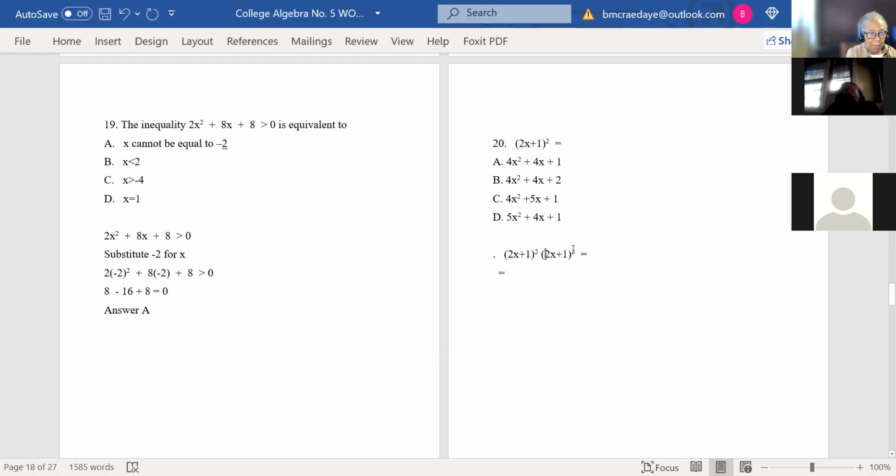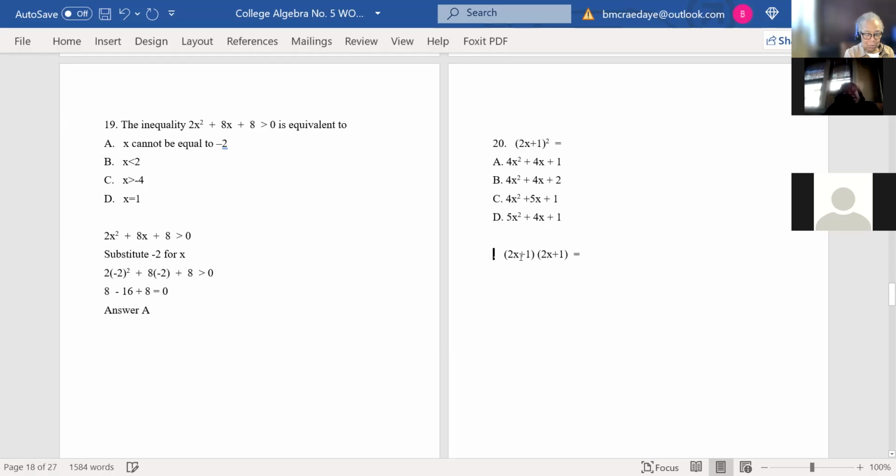Okay, so let me take out the square, because we're multiplying it by itself, which is square. So when you do this, you have 2x times 2x. What is that equal to, Latoya?